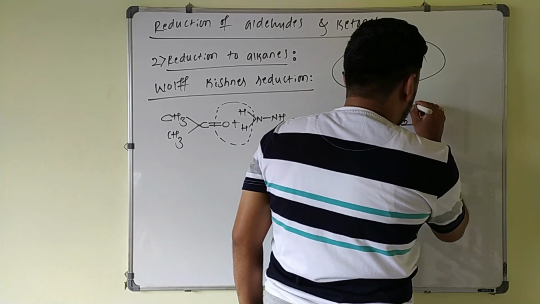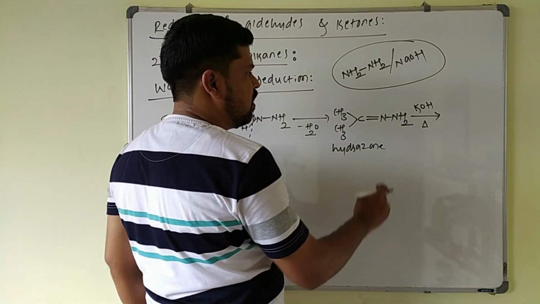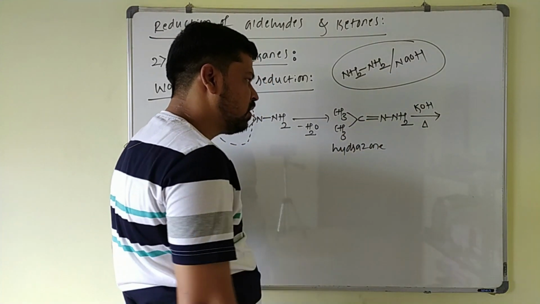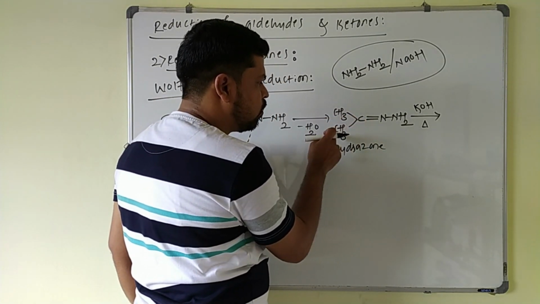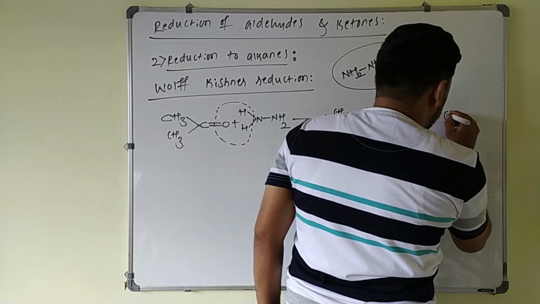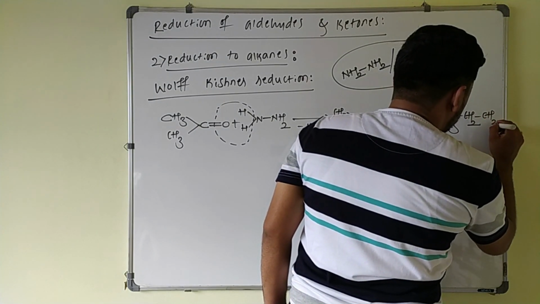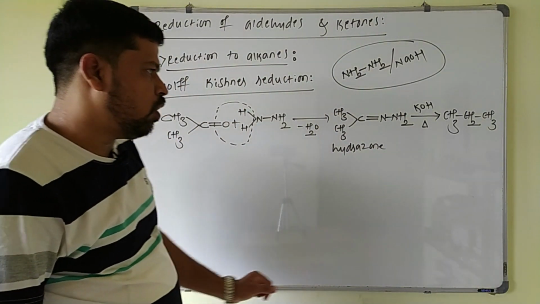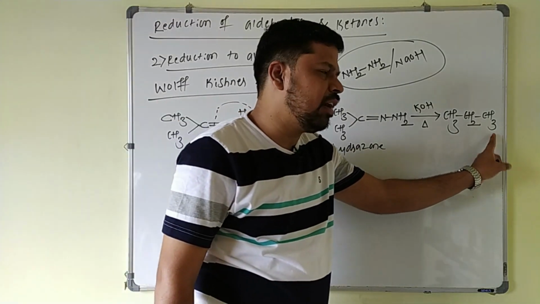This on heating with the base at high temperature, N2 molecule is eliminated, and these two hydrogens are directly connected to what? This carbon atom. Then it becomes CH3, CH2, CH3. So the main product obtained is what? CH3, CH2, CH3. So this ketone, it will be converted to what? Directly alkane here. 3 carbon atoms, again 3 carbon atoms, alkane is produced.